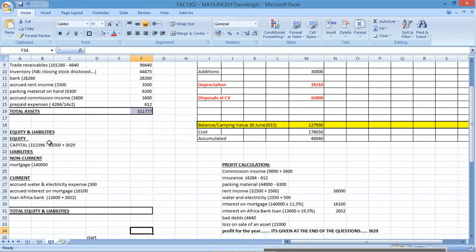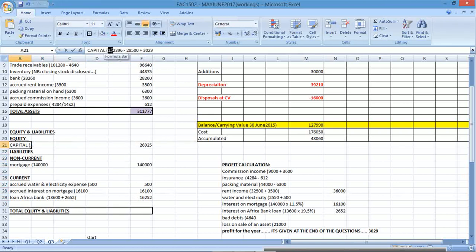Okay, then capital, get an amount here. Mortgage, 500 there, 16,100 there, and then this needs to add up. This total's not right.